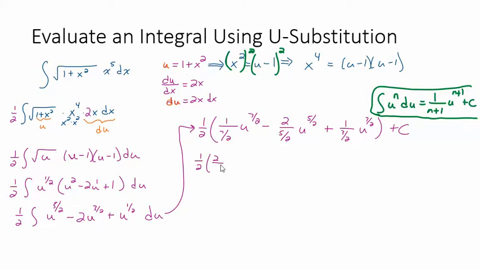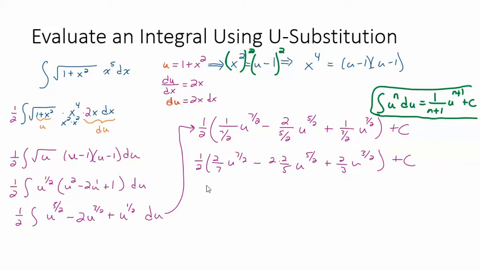So this is 2/7 u to the 7/2 minus 2 times 2/5 u to the 5/2 plus 2/3 u to the 3/2 plus a constant. And it doesn't matter whether the constant's inside or outside these parentheses because it's a constant. If you multiply it, well, in this case, it doesn't matter. We don't have any initial conditions or anything like that.